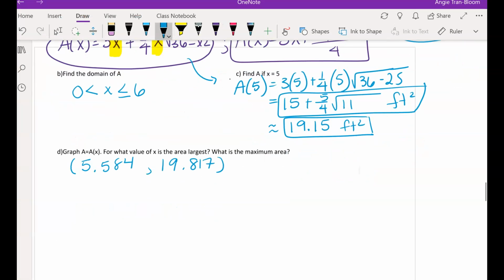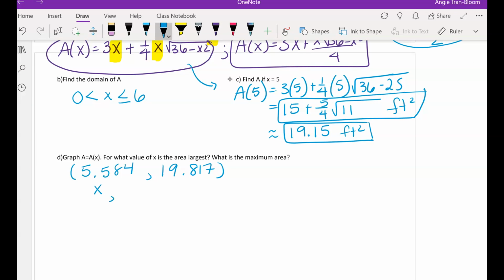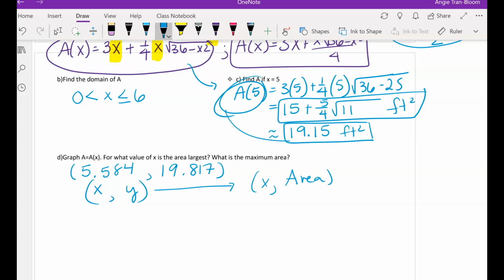What does that mean? This is the input, this is x, and this is technically y. But our y is not really y. Our y is really the area, because that's our output right here. So make sure you know what y represents.